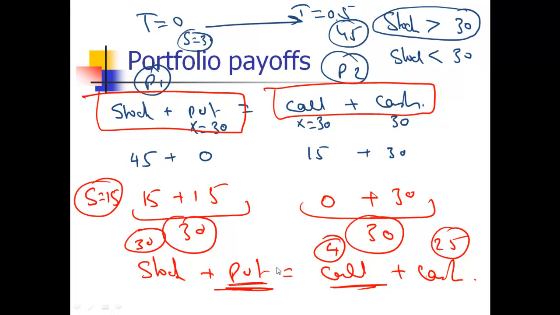Yes, using this formula you can easily find the value of a put. We don't need another complicated equation. You can simply use put call parity to find the value of a put, given that we already have a complicated formula for the call option.